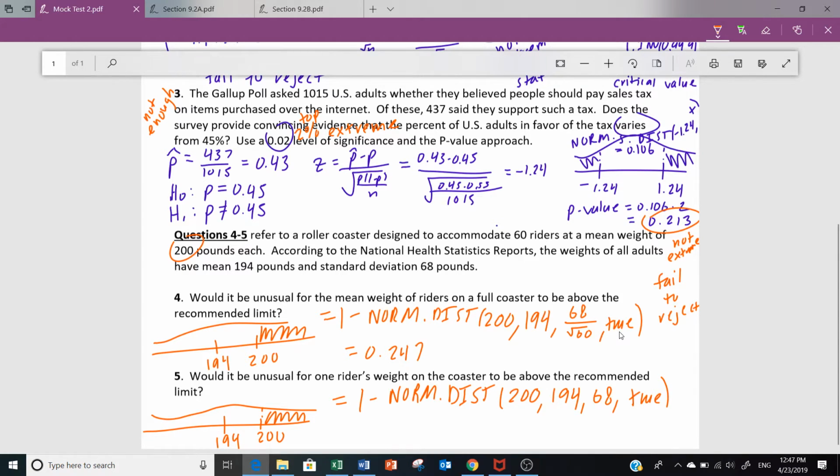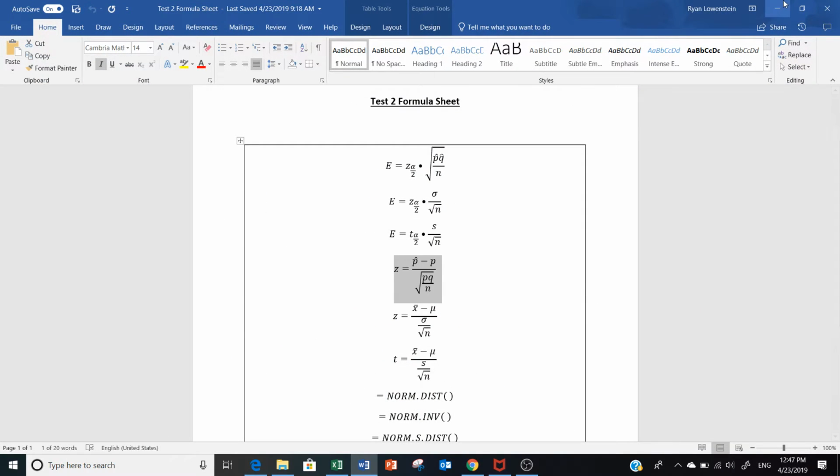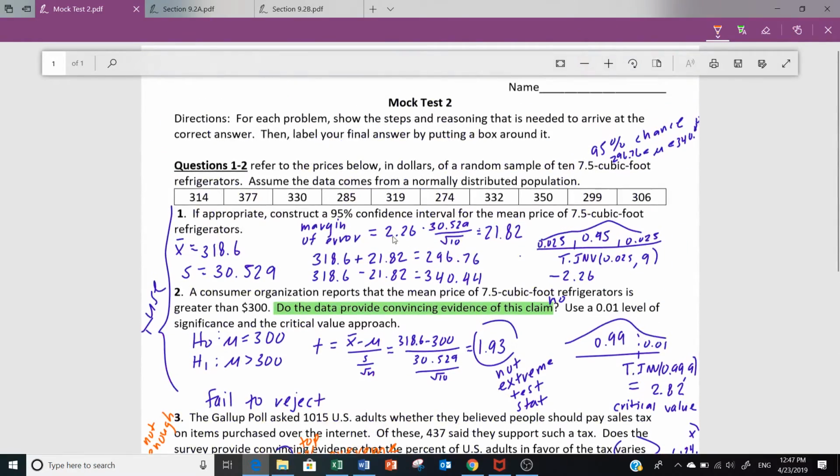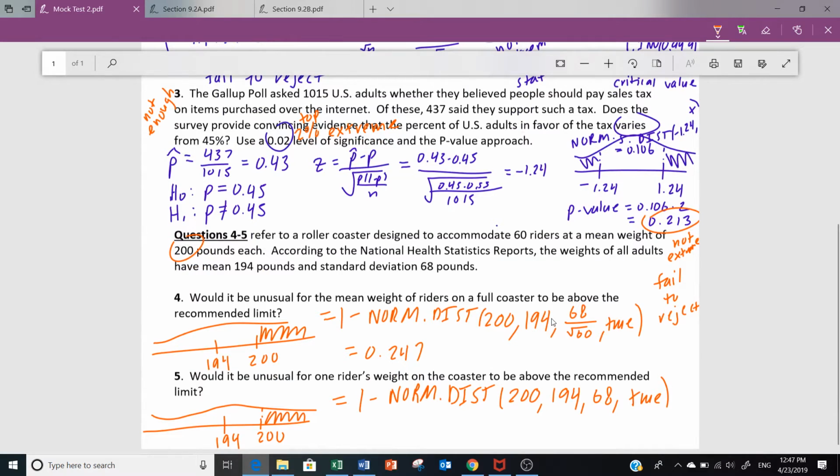Because if you did norm.s.dist, you have to turn it into a z-value, and for time saving, plus then we have to use the formula that I said we're not going to use that much. When you do this, you get 0.465.